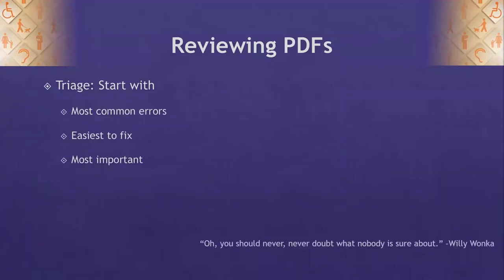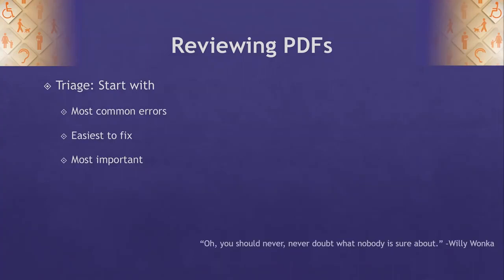So as we review, there's a triage that you want to do. You're going to look at these PDFs, and you can tackle these a couple different ways. What you'll find is that the people who send you PDFs will make the same mistakes or have the same problems all the time.